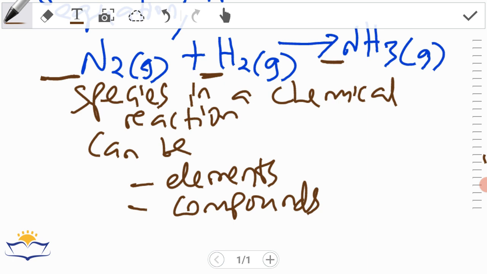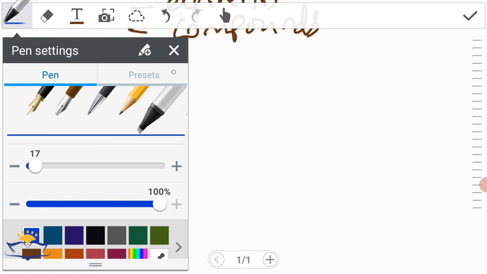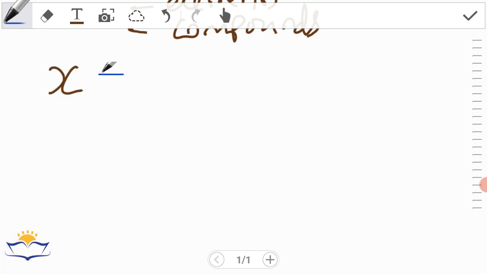So what do you do? The coefficients, you simply assign variables to them. In front of nitrogen, there is a number, and we don't know what the number is, so we just write it as x.